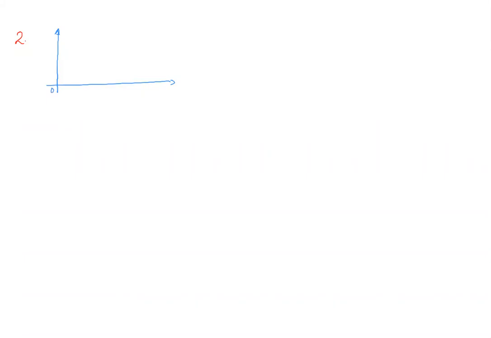Formula for semicircle. Yes, and they want you to understand what is the meaning of definite integral, correct? They want you to know what is the meaning of this.